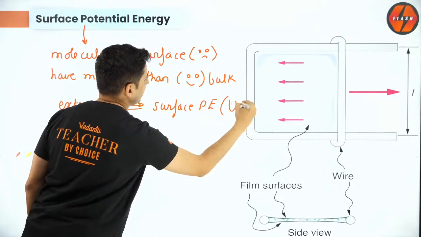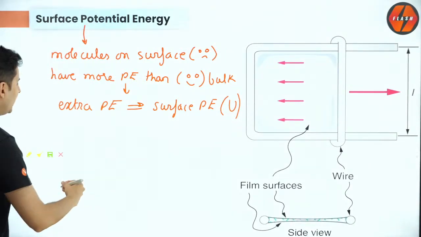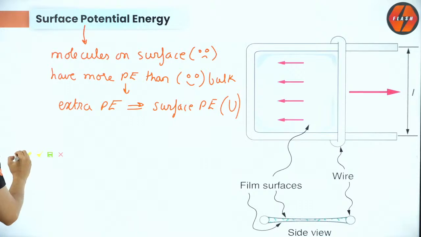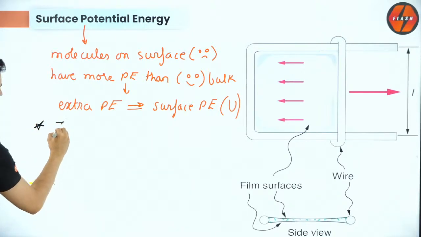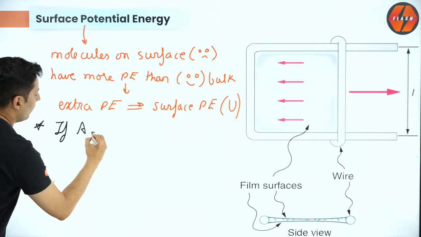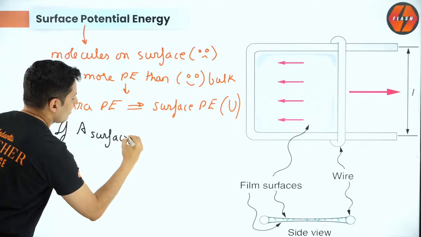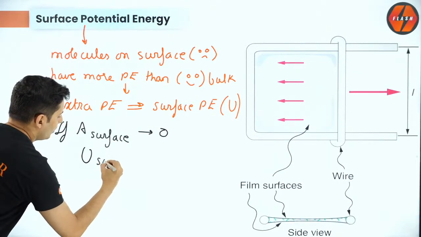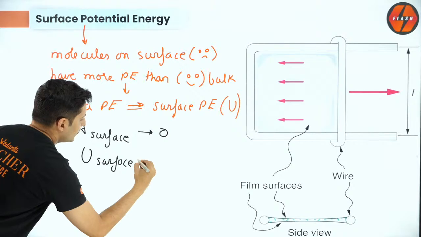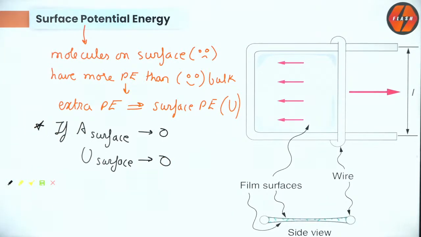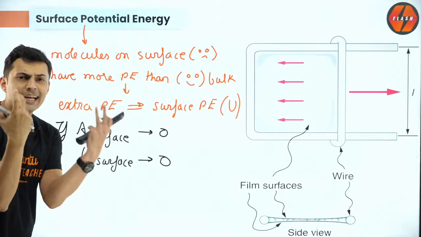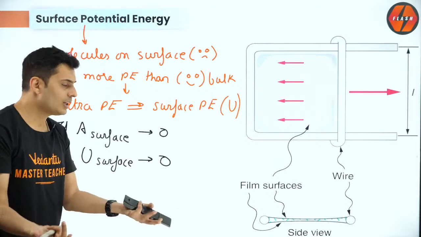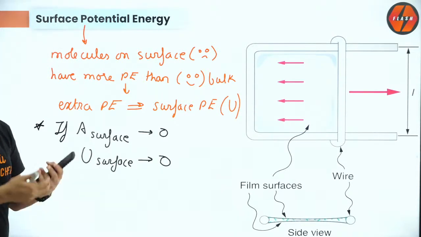I'll give the symbol for that as U. Hypothetically speaking, if the area of that surface tends to 0, then the surface potential energy should also tend towards 0. If it has negligible surface, then the energy should also be 0.